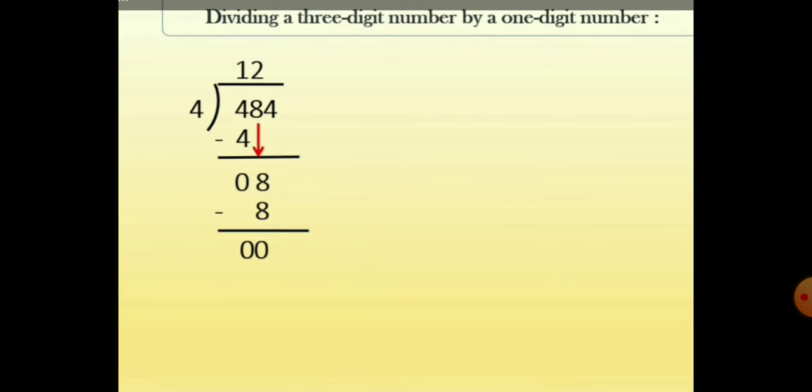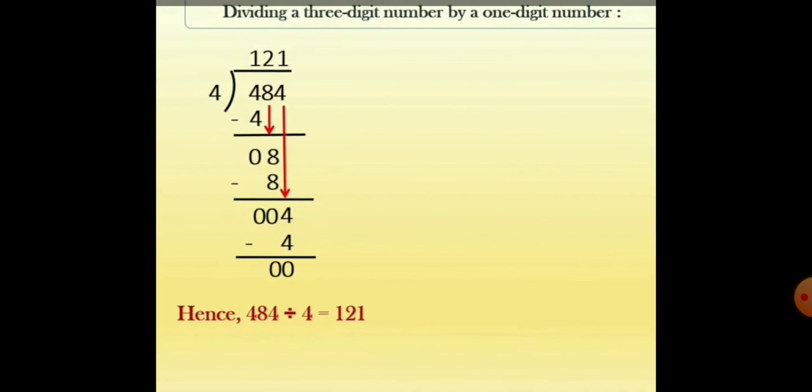Now I will move to the third number, that is 4 again. So with the help of the arrow mark, I will carry down the 4. How many are 4 in the table of 4? Yes, 4 ones are 4. So 4 minus 4 is 0.